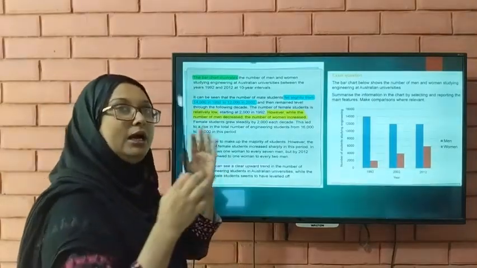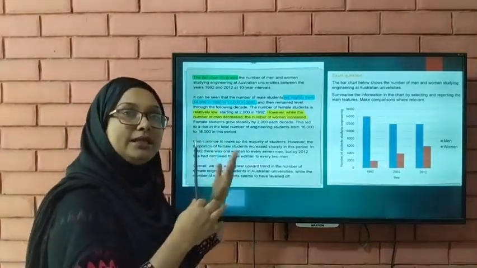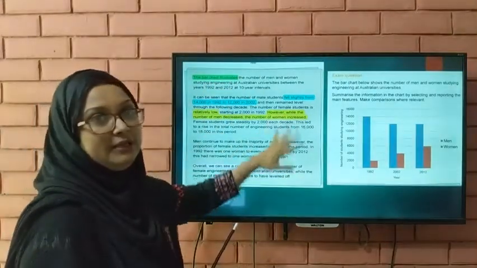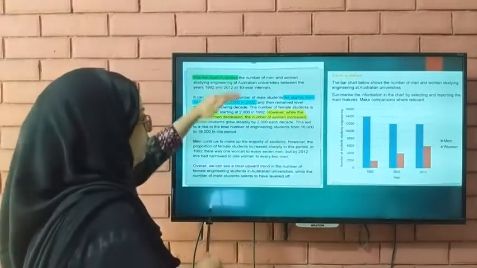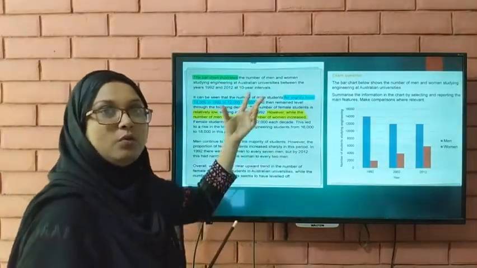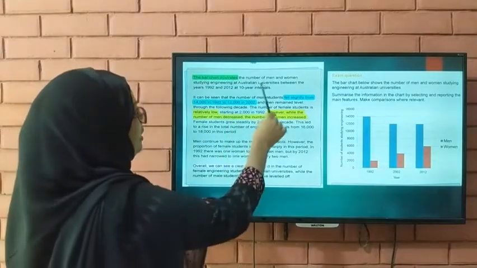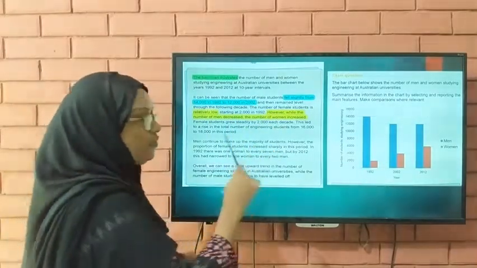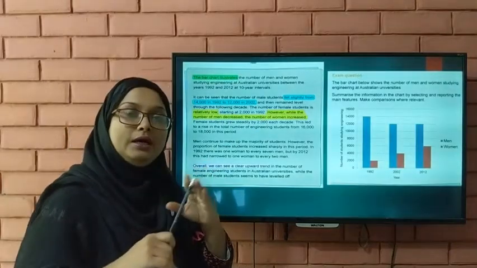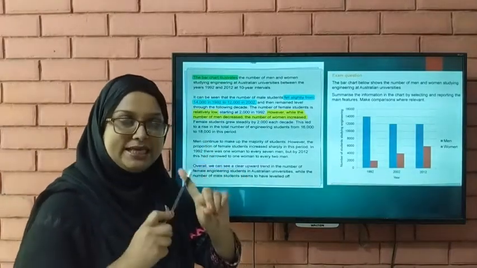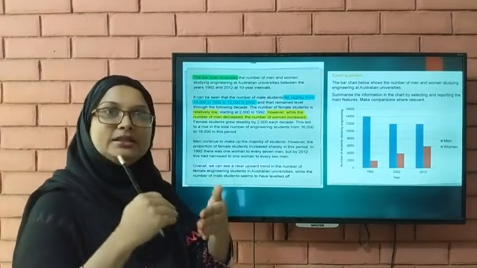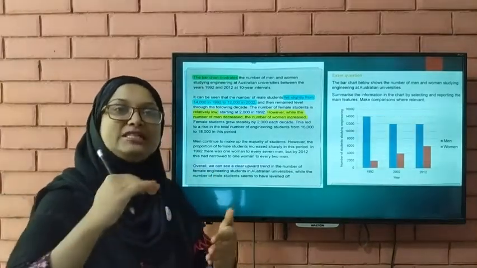First I want your attention on the structure of the writing, how it is designed, how it is written, what the pattern is. Look here, 1, 2, 3, 4. There are 4 paragraphs. So, first step, according to the ideas we can divide it into different segments.